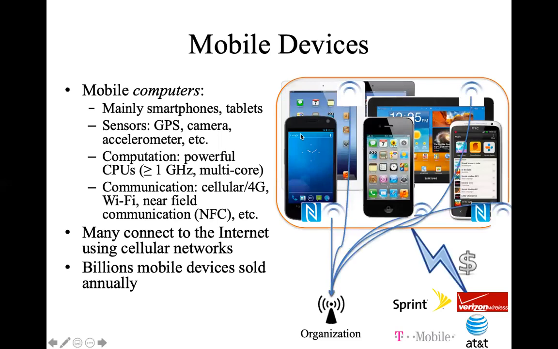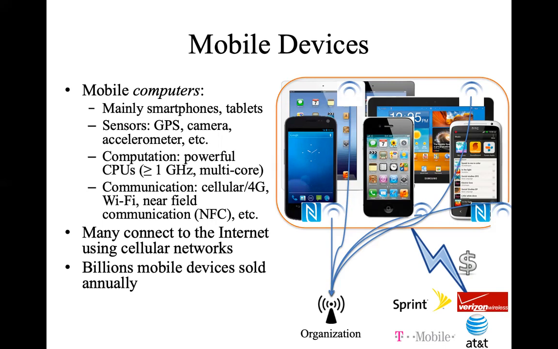So the problem here is that mobile devices, as we saw in the last class, are in some sense mini computers. So we are talking mainly about things like smartphones and tablets and so on. And as we studied in the last class, these devices are outfitted with various kinds of sensors like GPS, camera, accelerometer, and so on.